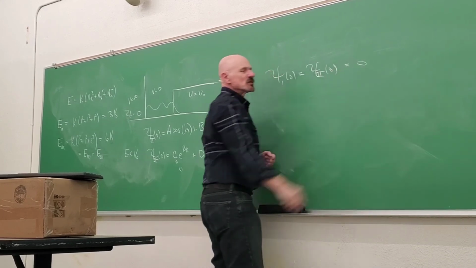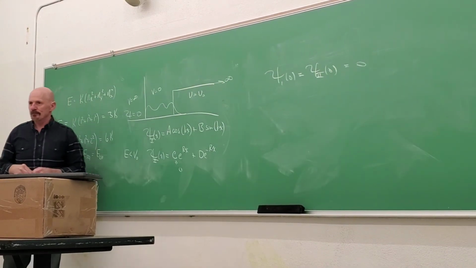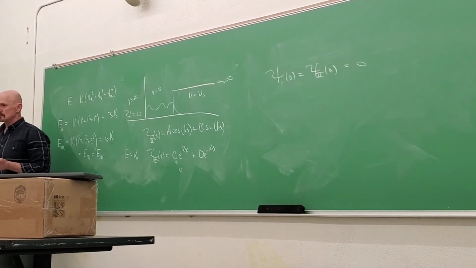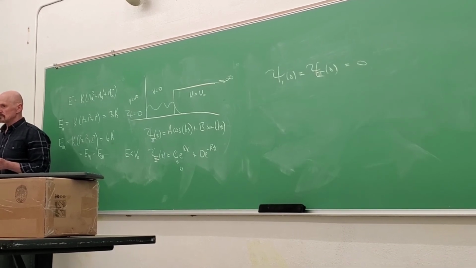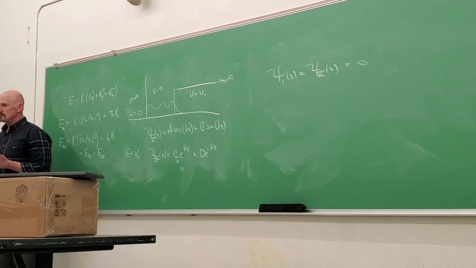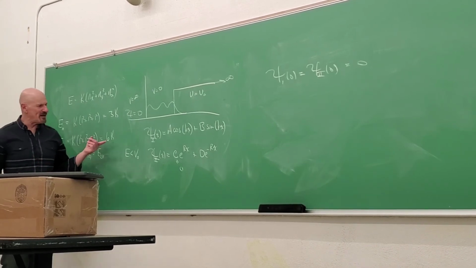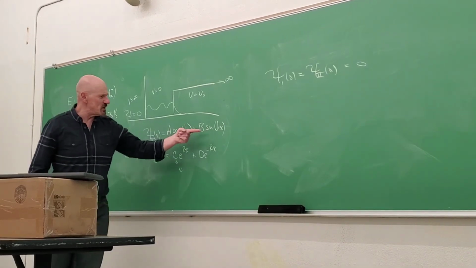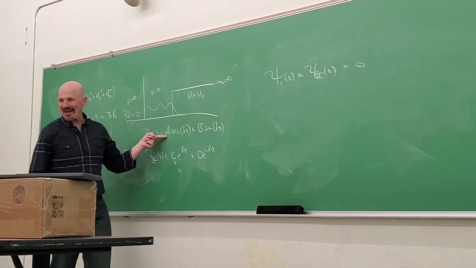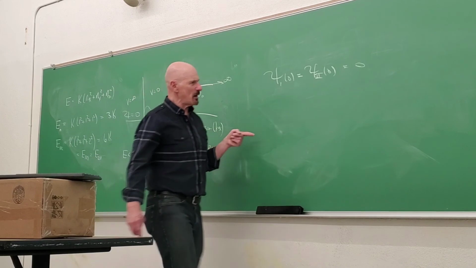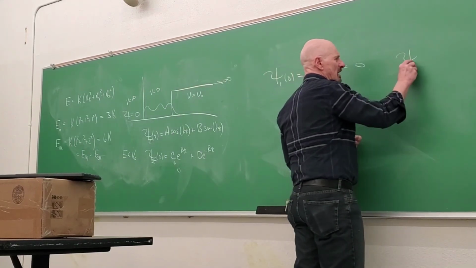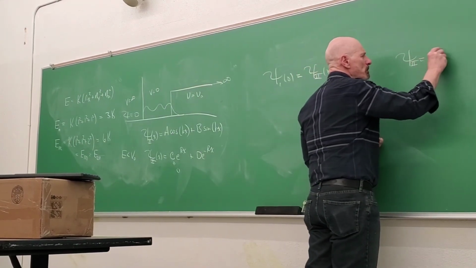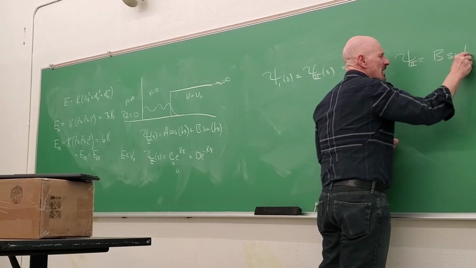Correct. Give me another one. That, by the way, for 0, gives us A equals 0. So that produces psi 2 as being B times the sine of kx as an answer.